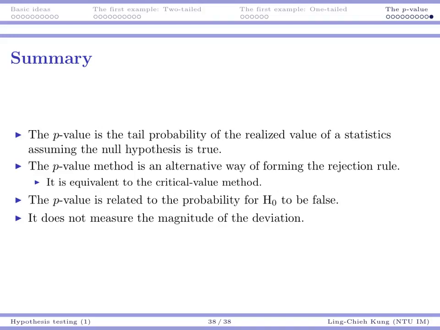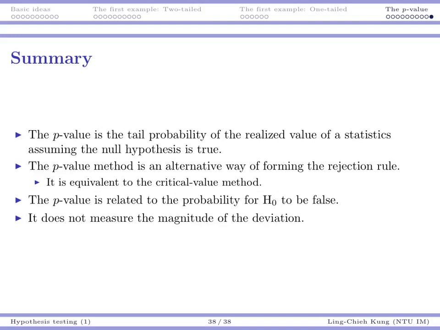Okay? When the p-value is quite small, then we say that we have strong evidence showing that H0 is false. Okay, so that's related. Those two things are related. P-value can be used to decide the significance of your deviation. When the p-value is very small, you say H0 is false.